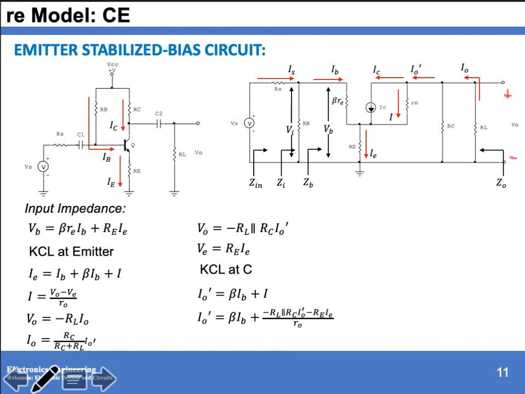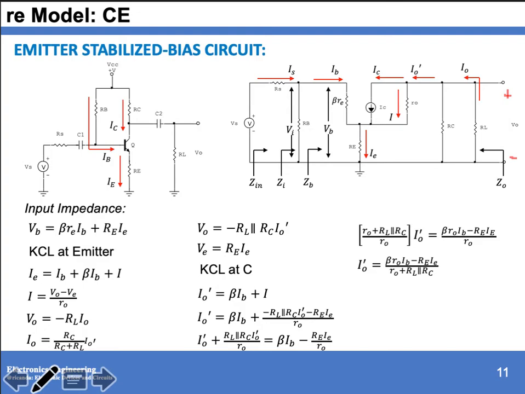Then substituting the value of your I, which is Vo minus Ve over ro, to your equation of your IO prime, and combining all IO prime to your left side. So we have your equation of your IO prime. And beta IB plus I equals to IO, so therefore we can have your IE equation as IB plus IO prime.